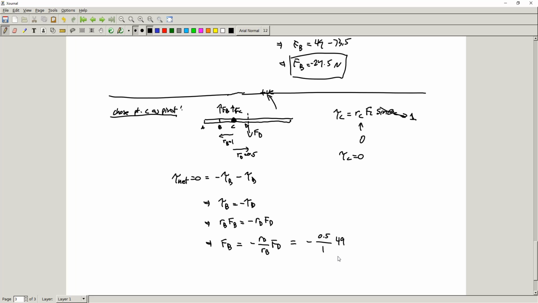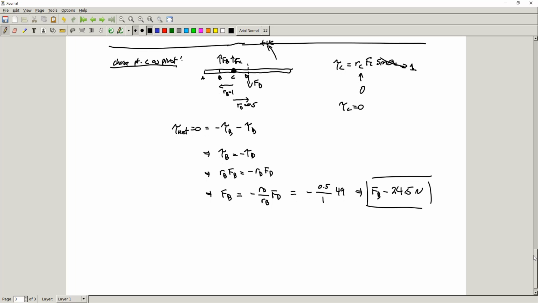So we end up with basically negative a half of 49, and so that's going to give us 24.5. So we find that FB is minus 24.5 newtons again, as we found before. And again, this is just telling us that we've chosen the wrong direction for FB. It's actually pointing downward, and we found the same value again.